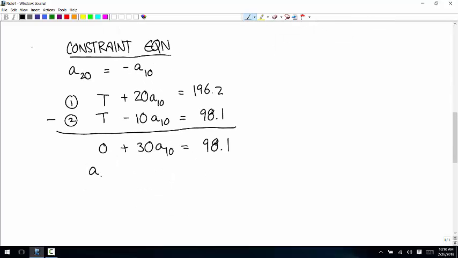And so A10 is equal to 3.27. That makes sense? Okay, so A10 is 3.27 meters per second squared. So the 10 kilogram is going to accelerate up at 3.27, and the 20 kilogram is going to accelerate down at 3.27.